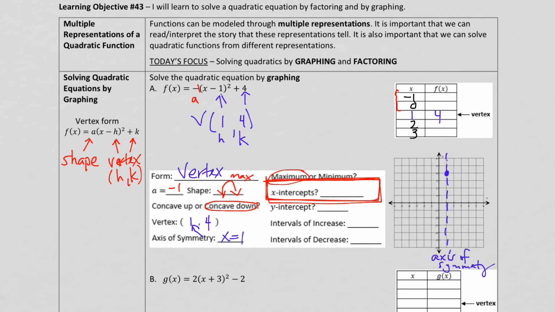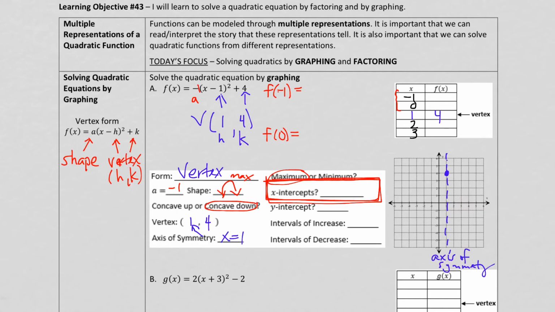So I need to find f of -1, and I need to find f of 0. And by finding those 2 additional points, I can graph my parabola, and once I have the graph, I can then identify the x-intercepts, which solves my quadratic.